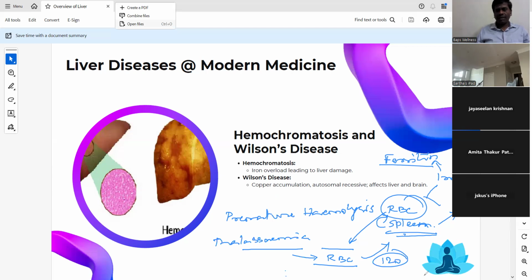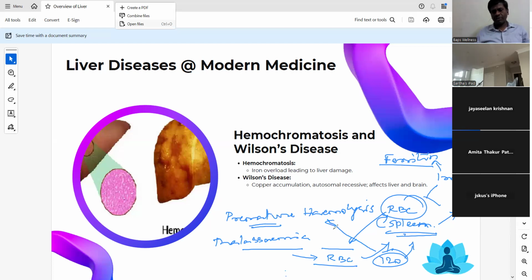After that only, it will be destroyed by the spleen. Natural process, natural destruction. Instead, in this case, there is continuous destruction happening before that. That's why it is called premature. Hemolysis is destruction of the RBCs. This is premature.